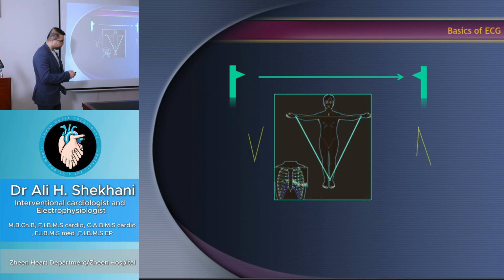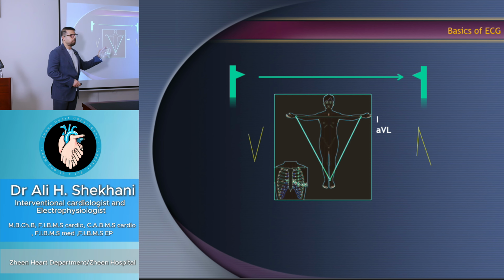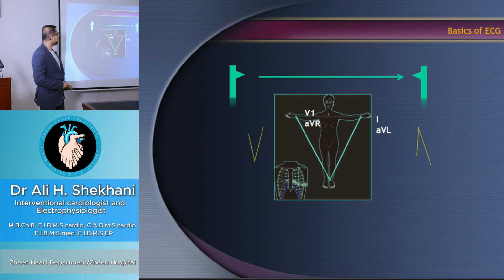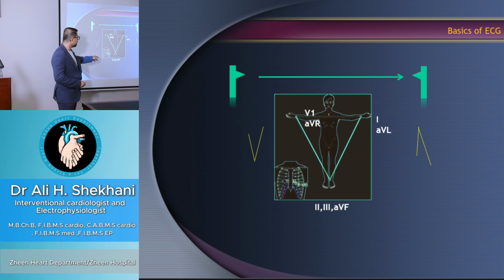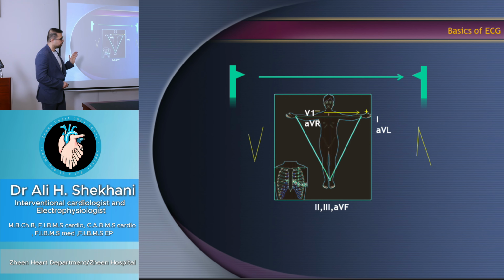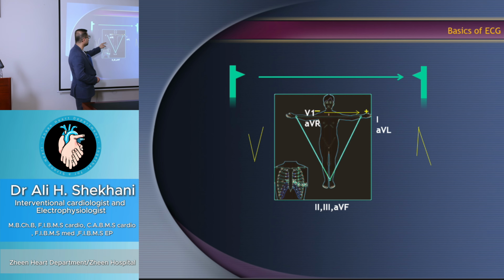The second rule of the ECG: usually leads 1 and aVL represent the left side of the heart, while V1 and aVR represent the right side of the heart. The inferior wall is represented by 2, 3, and aVF. So if you have a signal arising from the right side toward the left side, we expect that lead 1 and aVL will become positive and V1 and aVR become negative.